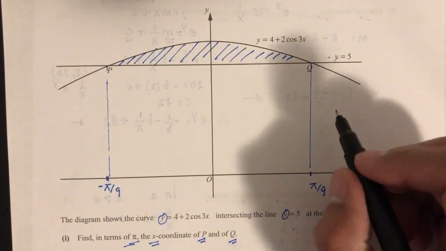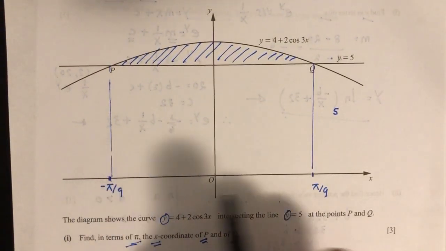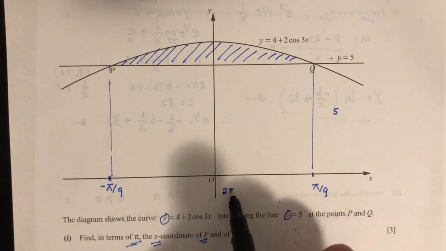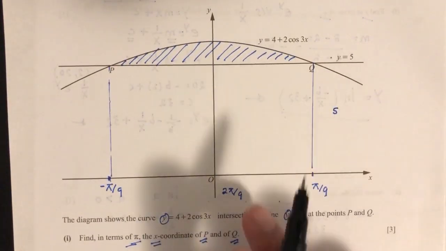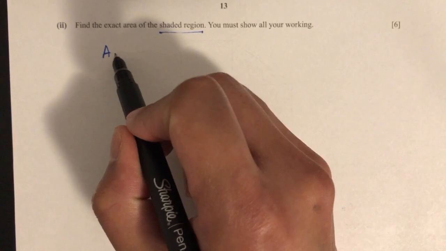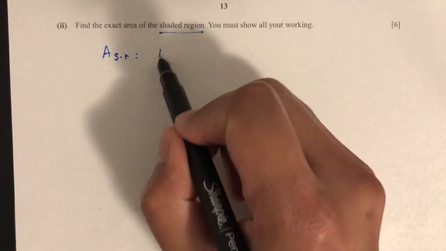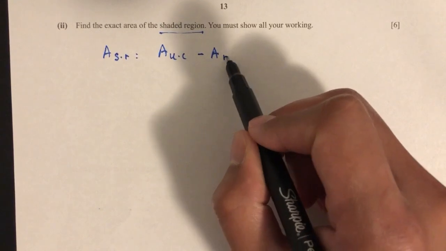So the height here is 5, and this length here will be 2 pi by 9. So the area of the shaded region is area under curve minus area of rectangle.